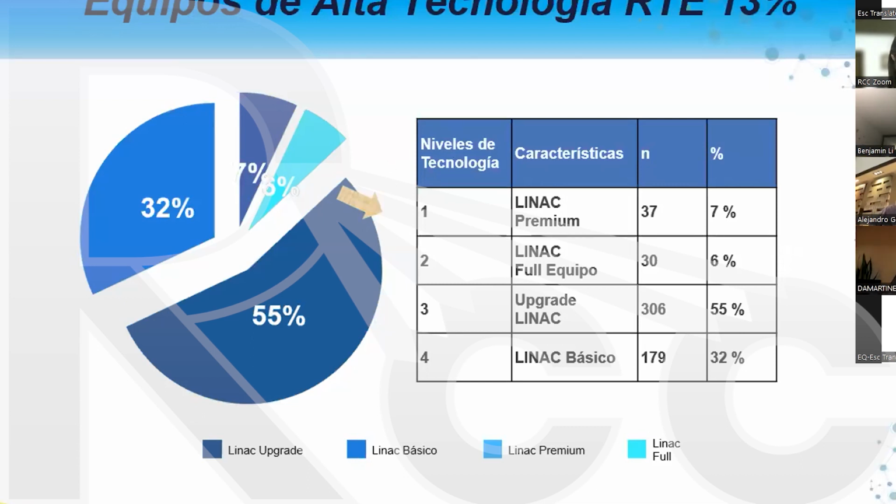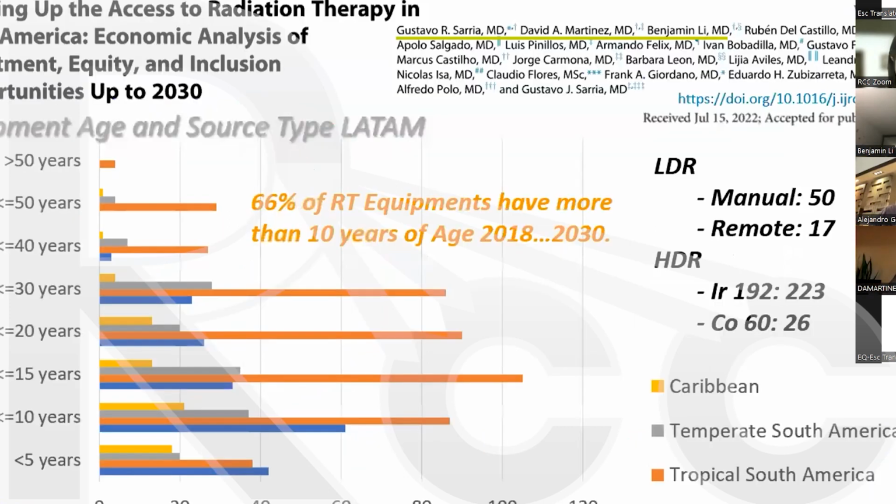An example, and Alejo already mentioned in the chat: Colombia has grown 32% in technology in the last 2 years. So making all these problems visible shows that we have more machines, and that investors started to understand what needs to be done in order to solve the issue of cancer in our region.